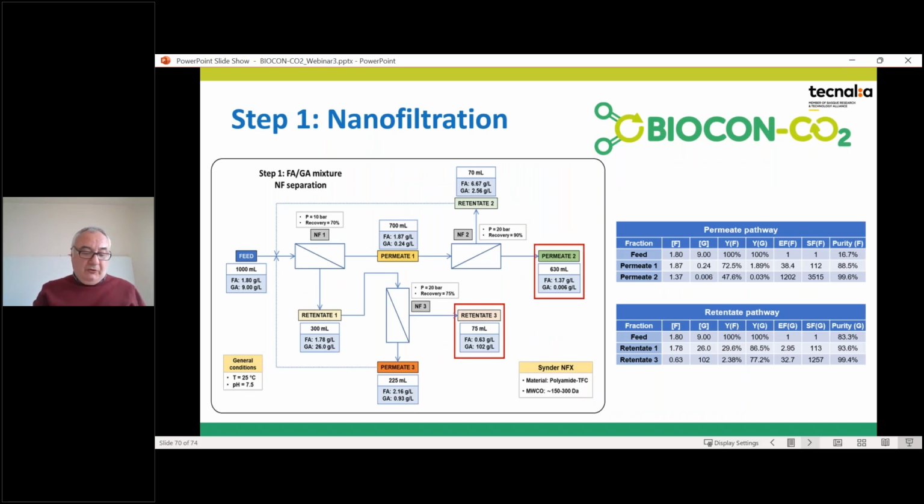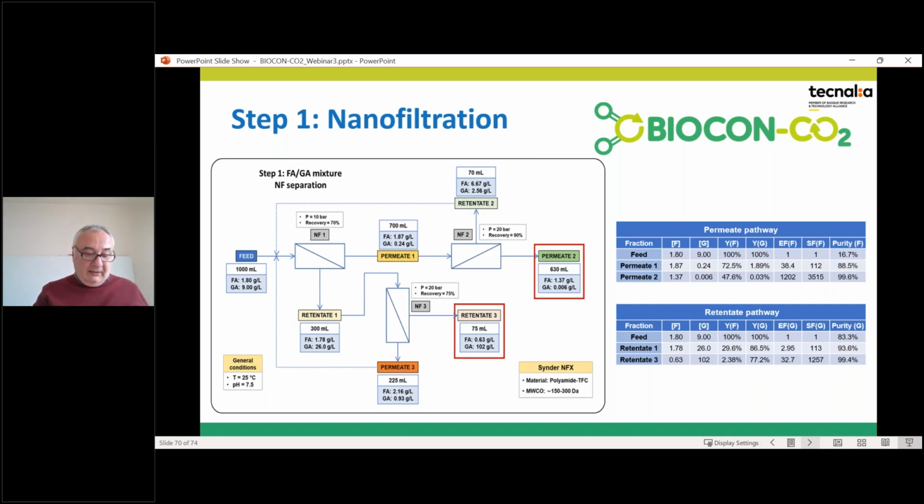The whole process for the separation of both acids by nanofiltration can be seen in the slide. It can be separated in two divergent lines, one leading to an essentially pure formic acid fraction, the permeate 2, and the other leading to an almost pure gluconic acid fraction, the retentate 3.